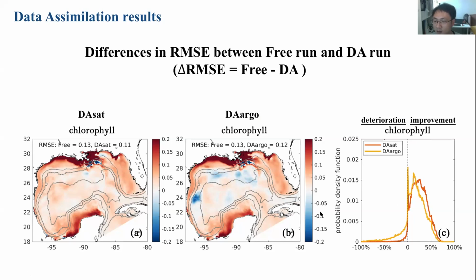In this figure, the positive values represent the improvement by the data assimilation, and the negative values represent the deteriorations by the data assimilation.